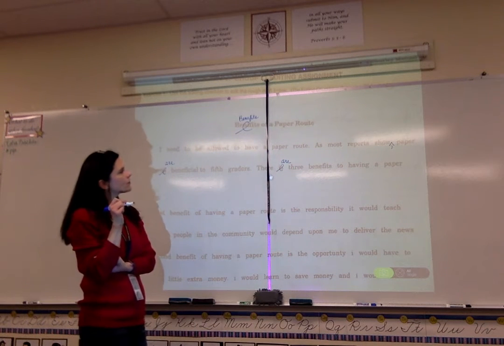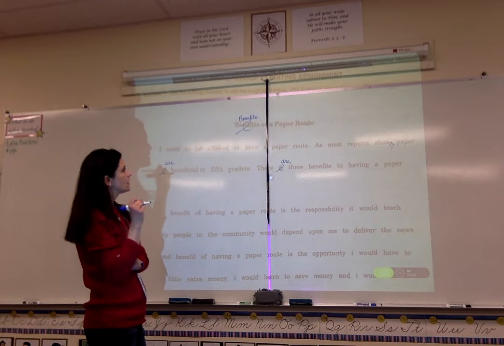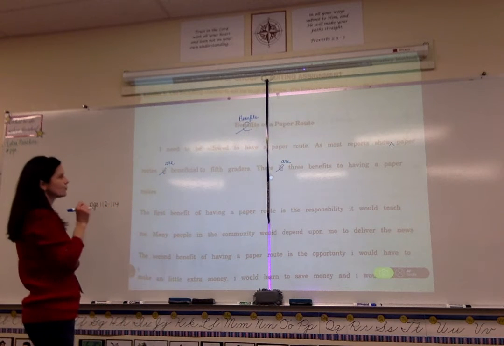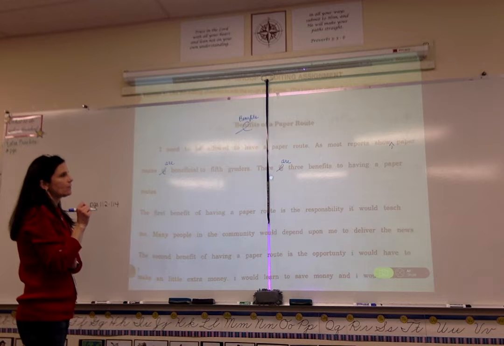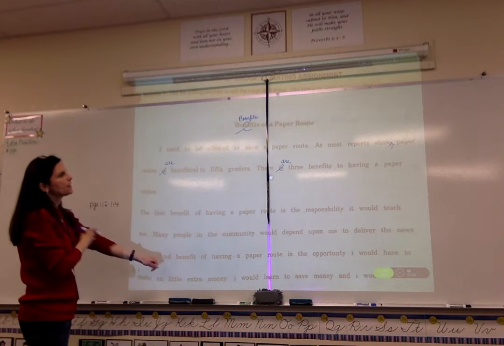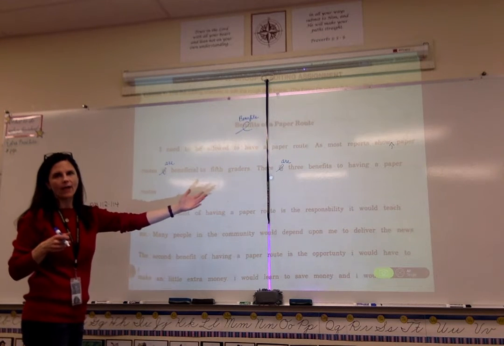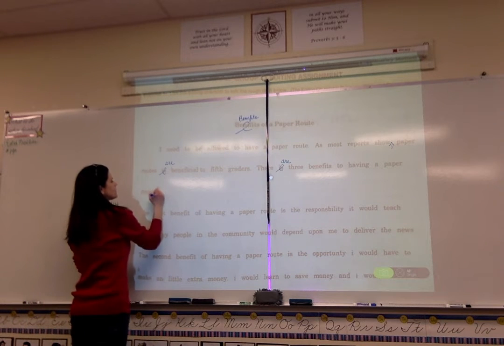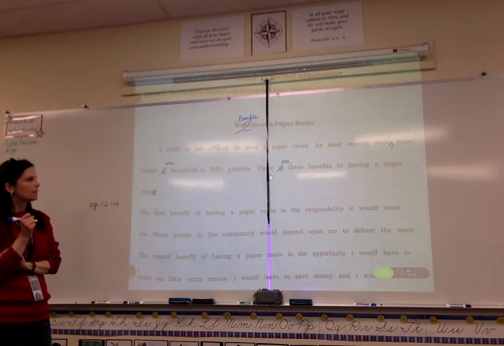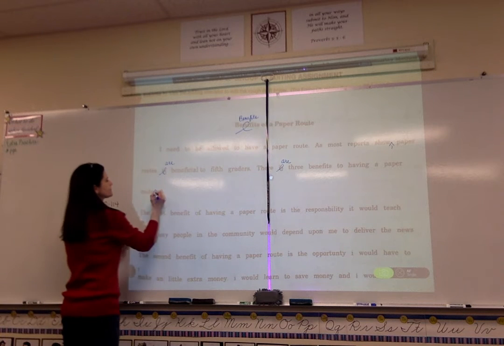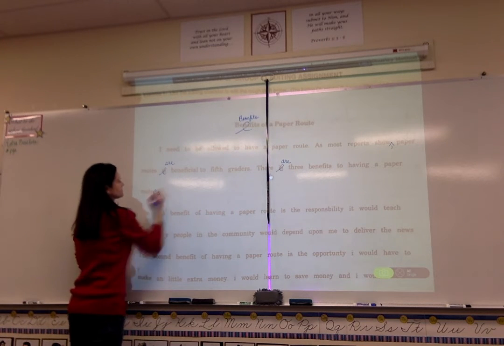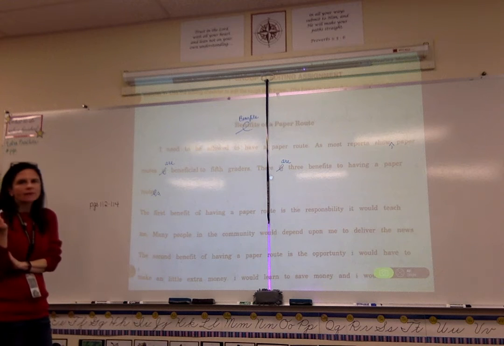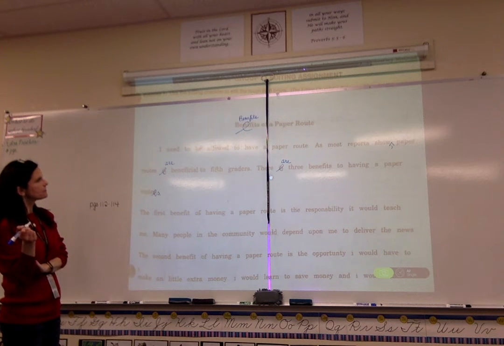There are 3 benefits to having a paper routes. Well, routes shouldn't be plural because you have the article adjective a, which indicates one. So we can get rid of the s on the end, and then we need an end mark. I think that's a period. It's just a declarative sentence.